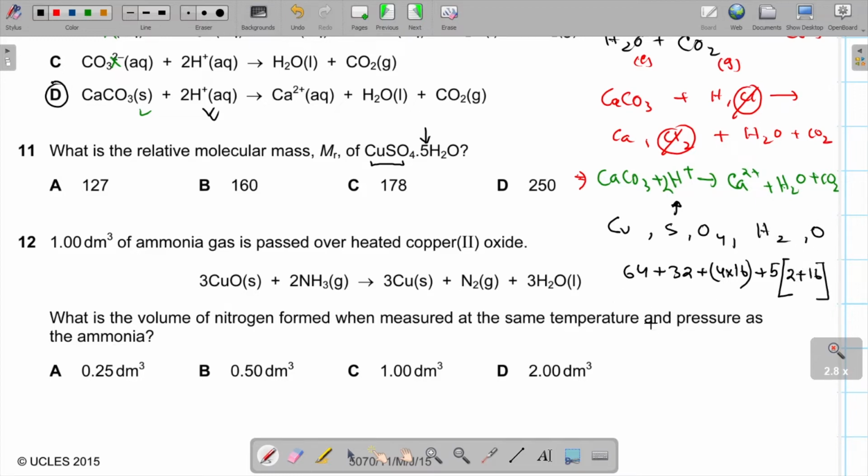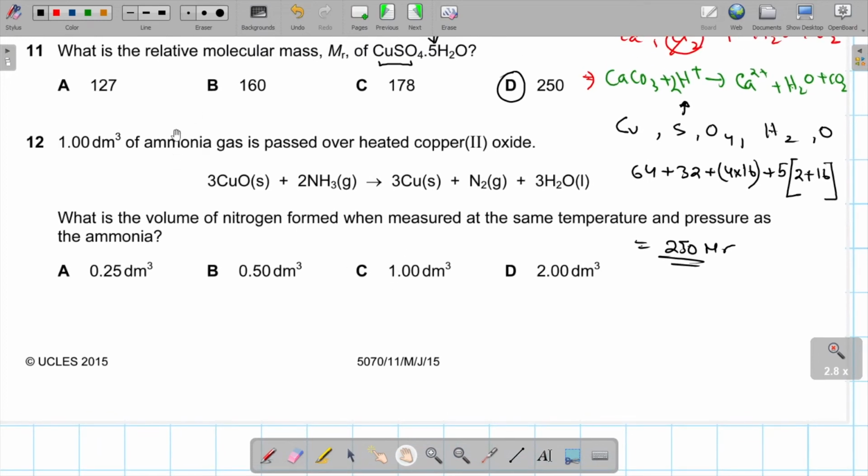So this value is calculated. So let's go ahead and try to calculate this value. You can use a calculator: 64 plus 32 plus 4 times 16 plus 5 times 18. Yep, so 5 times 18. So the answer is 250 MR. So answer is D.